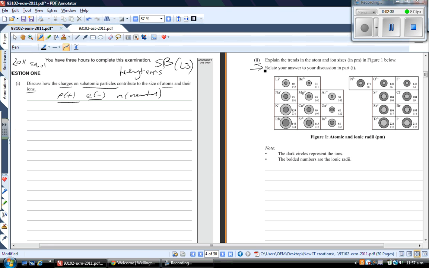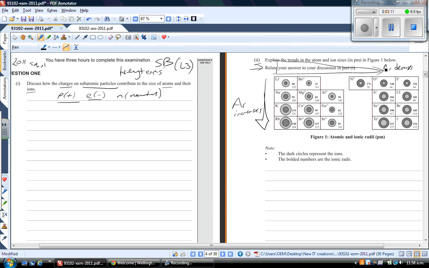Well, the general trend in the periodic table is, as you go across from left to right, the atomic radius decreases, and the atomic radius increases as you go down the periodic table. So you would start off large and then get smaller across the period.